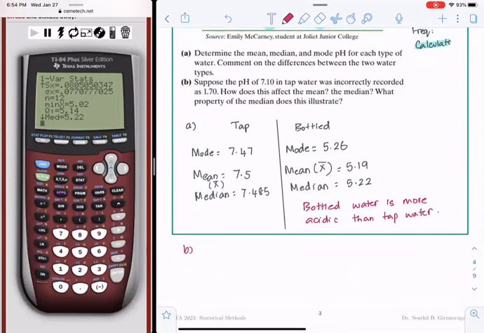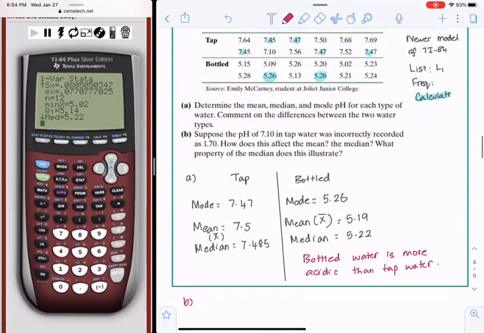So we're going to go back to the tap water sample, and I am going to change 7.10 to 1.7. In other words, someone made a mistake, and it is a significant mistake.